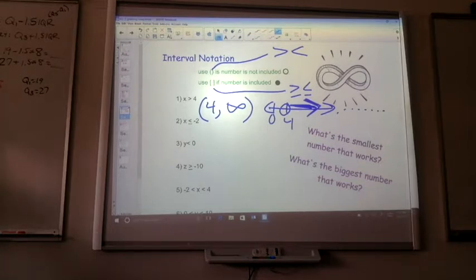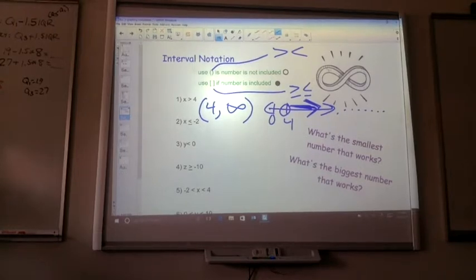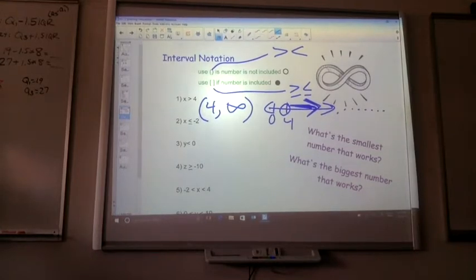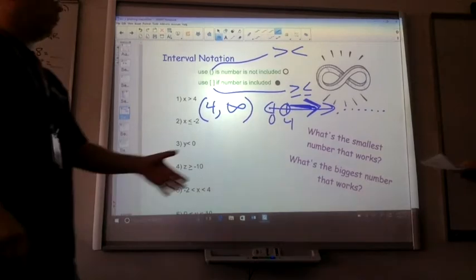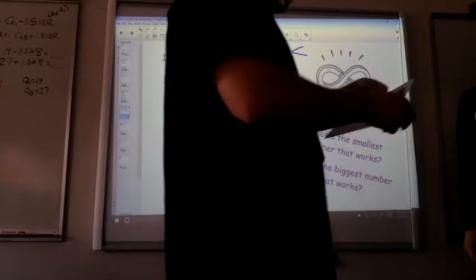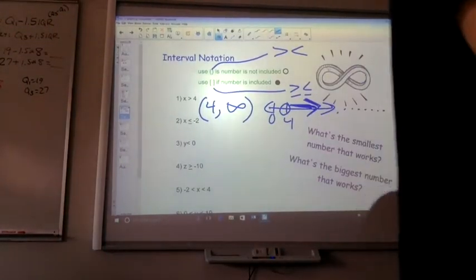Now I want values that are less than -2. Values that are less than -2 are like -3, -4, -5, -6, -7, -8, all the way to negative what?